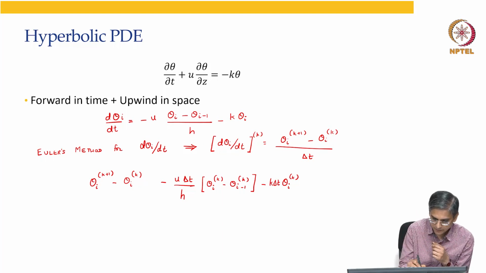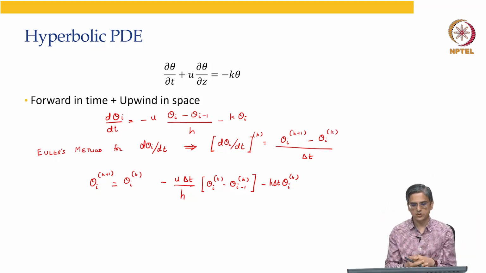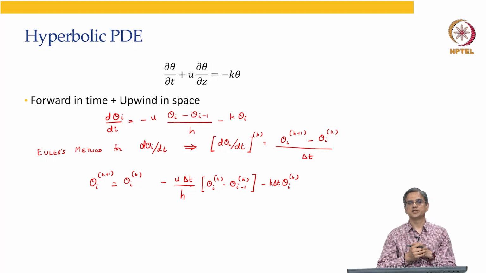We take this to the other side, minus theta i we just take to the other side, and this is the expression that you can get.